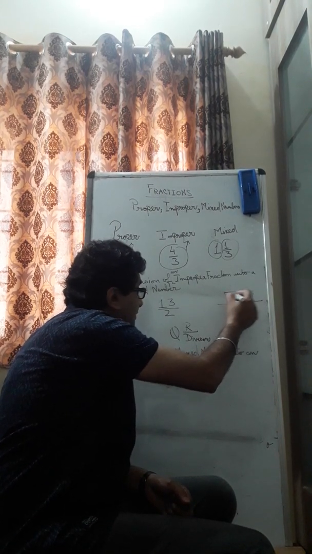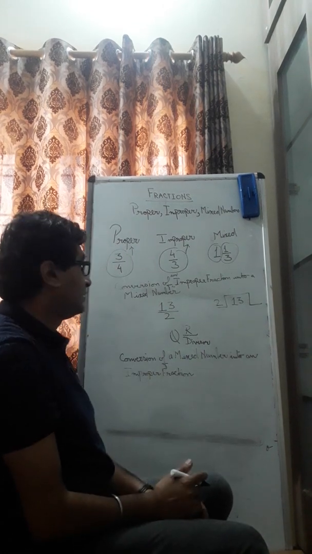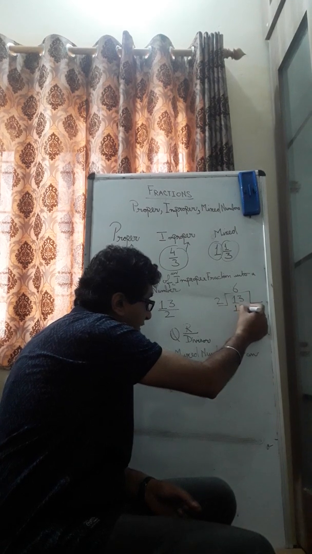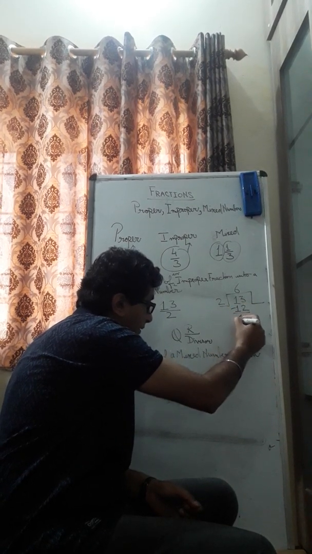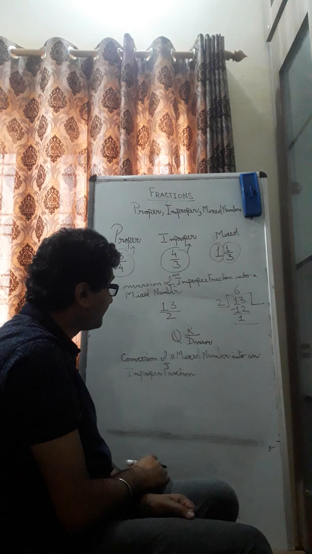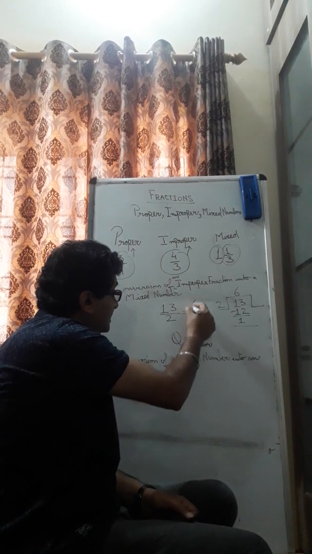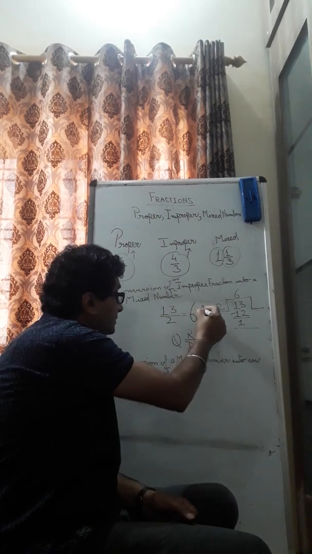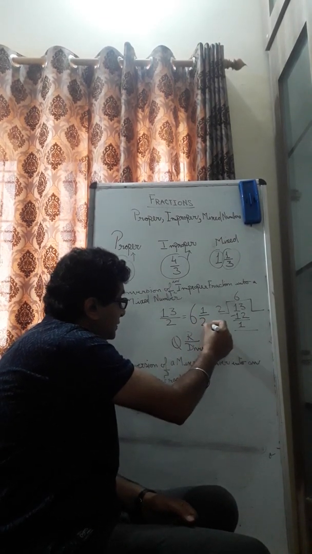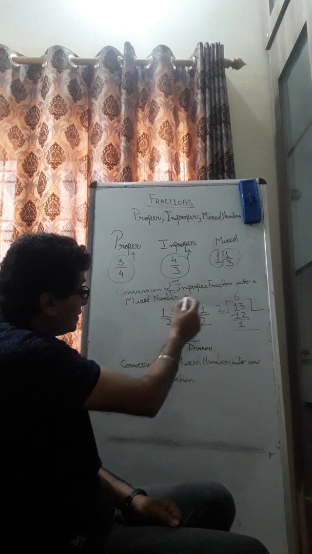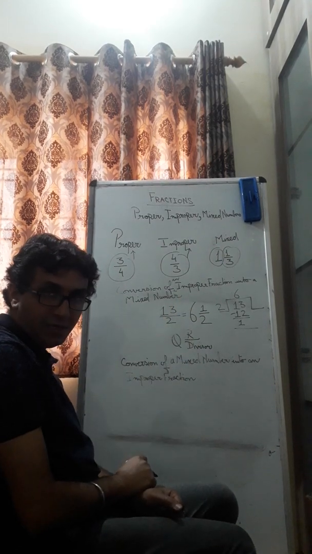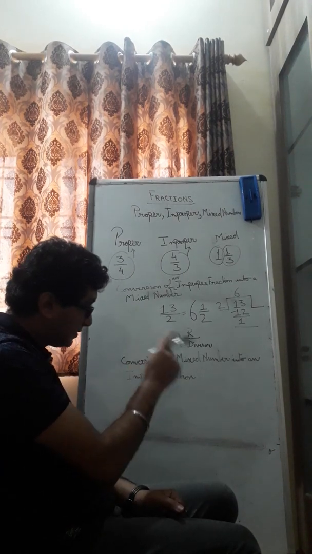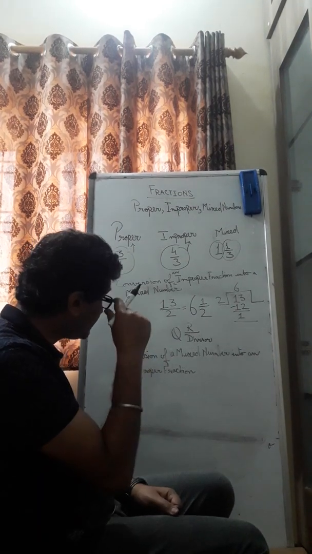So 13 is the dividend, 2 is the divisor. 2 sixes are 12. 13 minus 12 is how much? 1. Let's apply the formula. Quotient is 6. Remainder is 1. And the divisor is 2. So 6 1 by 2 is the conversion of 13 by 2. I hope you have understood it. You can keep practicing and I'll keep sending the exercises.